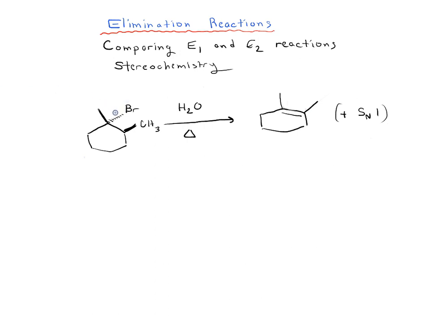Remember what happens in the first step of the E1 reaction? The leaving group leaves. The leaving group leaves, and this is going to lead to the formation of a carbocation. Let's draw that out here.